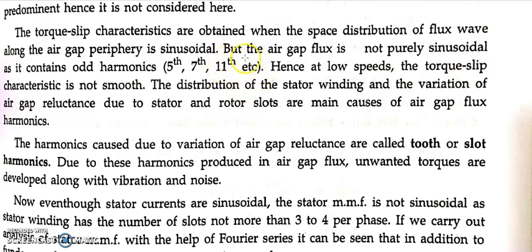Their effectiveness is very, very less. So we are not accounting for the remaining odd harmonics. The only odd harmonics we are considering are the fifth and seventh, because they are very dominant. These effects are seen much more in your resultant torque slip characteristics. We shall see that.